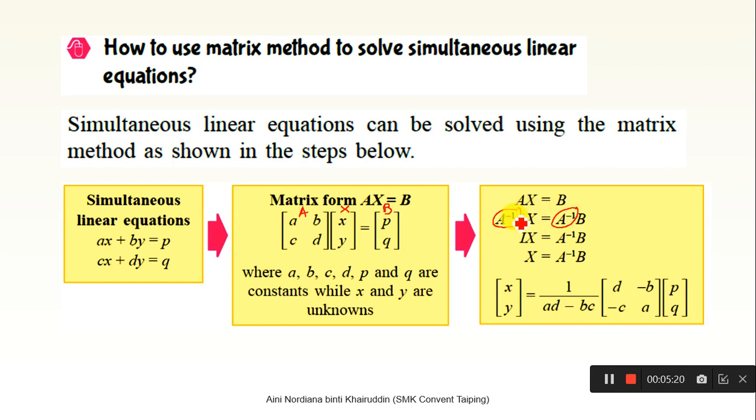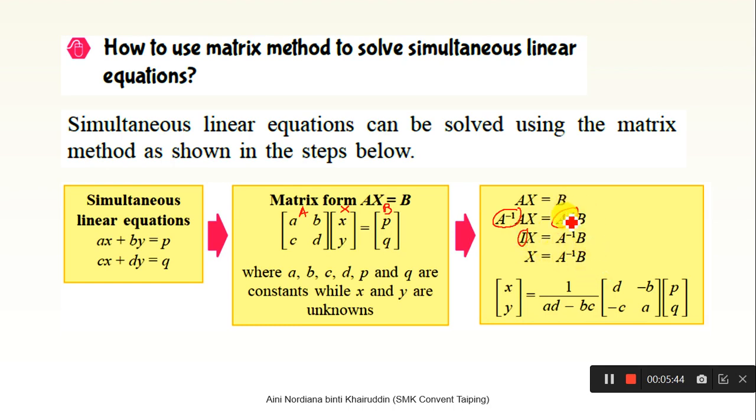This is the original equation, AX equals B, and we multiply both sides with the inverse of A. On the left hand side, the inverse of A times A will get the identity matrix.